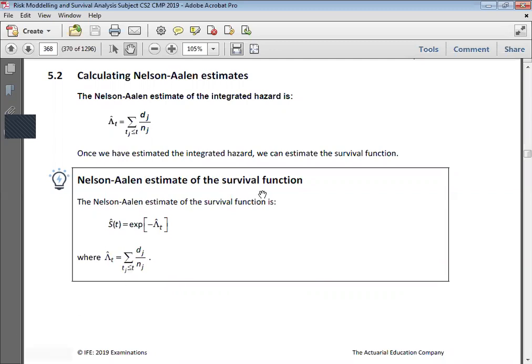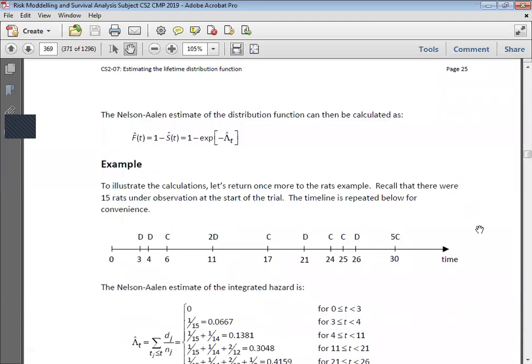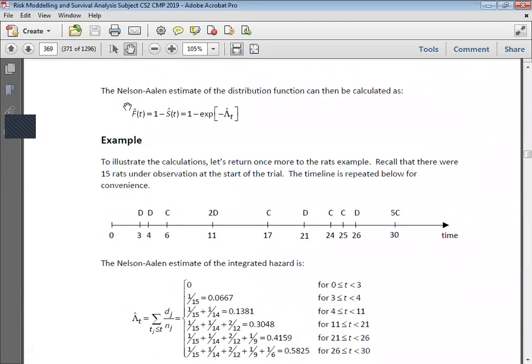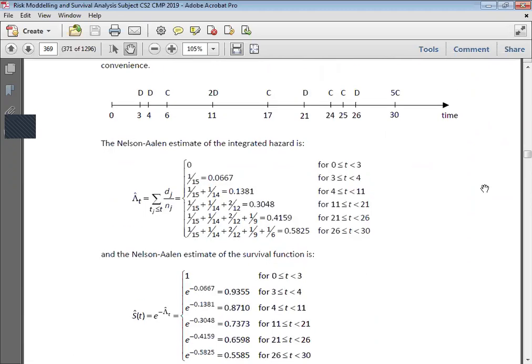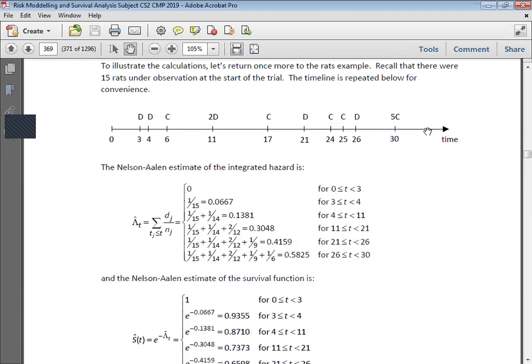And maybe we should try to do that using the same example. So again, f hat of t here is nothing but 1 minus s hat of t, and you see this is the distribution function that you will get for the f that denotes the dying. All right, so again, this is the example that we just saw, and these are the estimates that you will get.